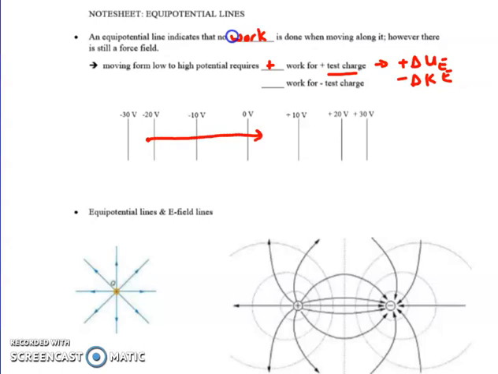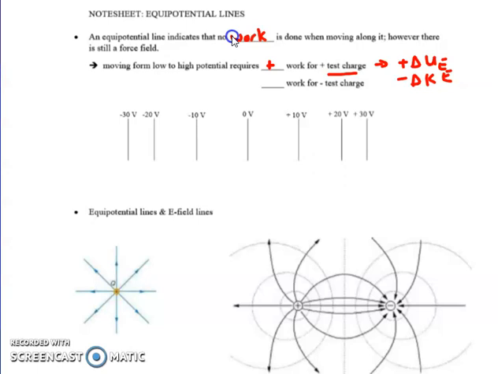I'm doing positive work because I'm working against a force, and at the end of it, it has gained potential energy. On the other hand, if I have, let's say, a proton that's initially moving with some velocity, and I just let it go, as it goes from low to high, it's going to lose kinetic energy and gain potential.